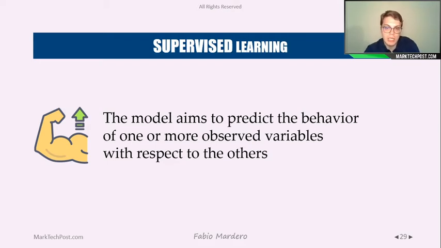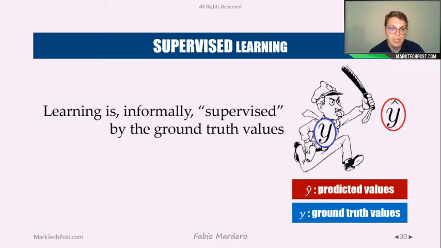So we have a set of data, a multidimensional random variable, and we feed that data to a machine learning model which aims to predict the behavior of another random variable. In supervised learning, learning is informally supervised by the ground truth values, and the ground truth values are the observed values for the random variable we are trying to predict.